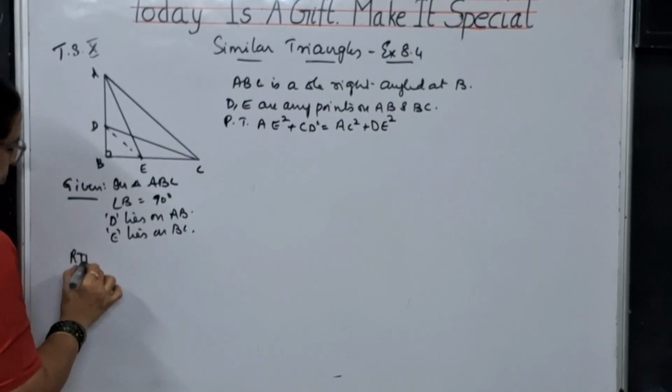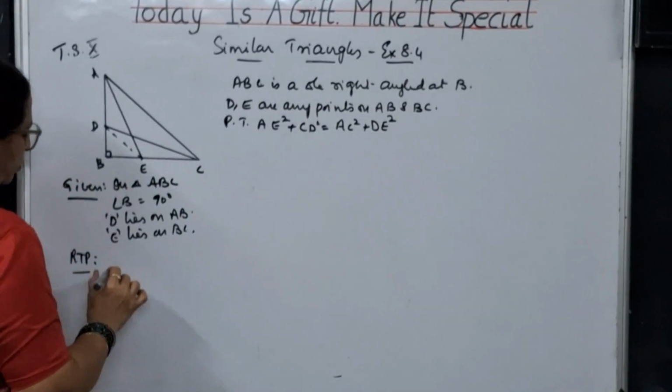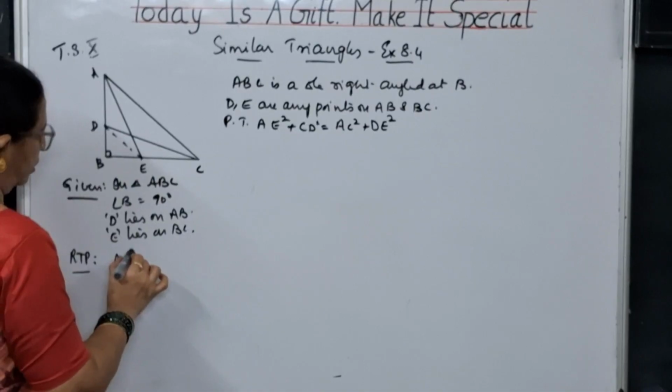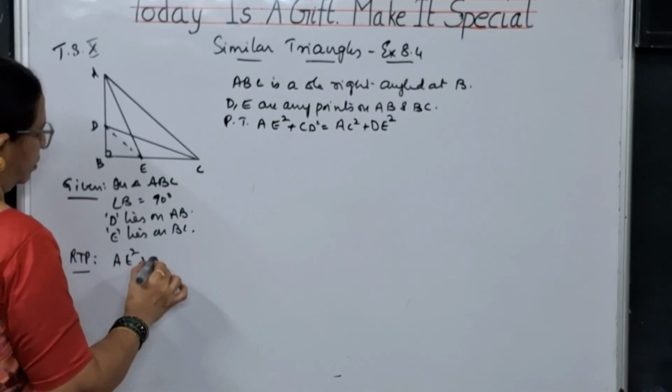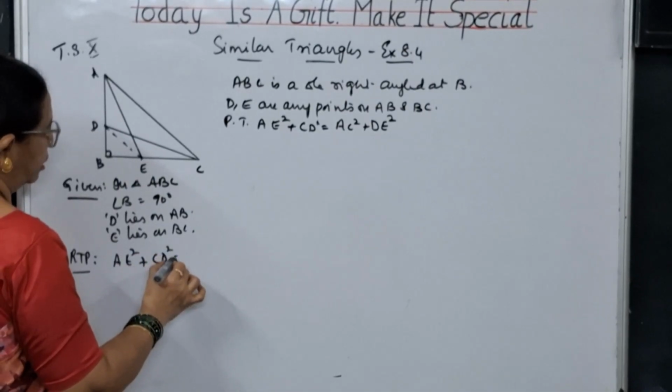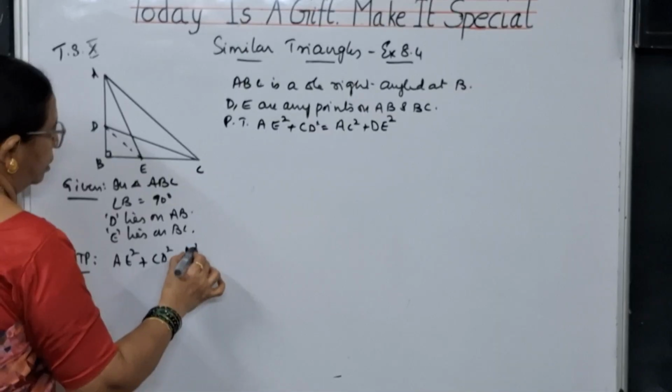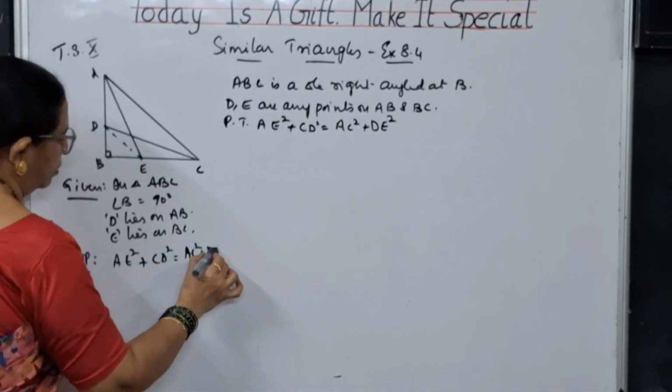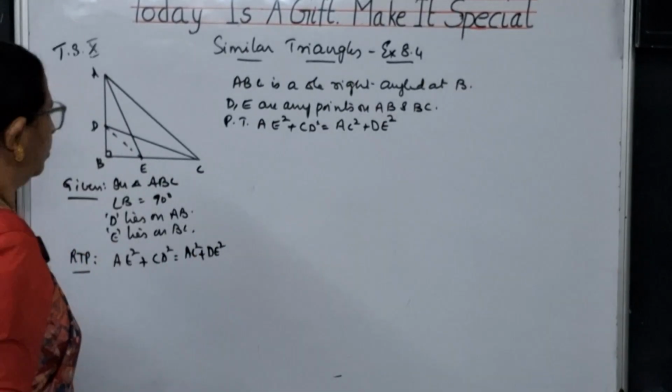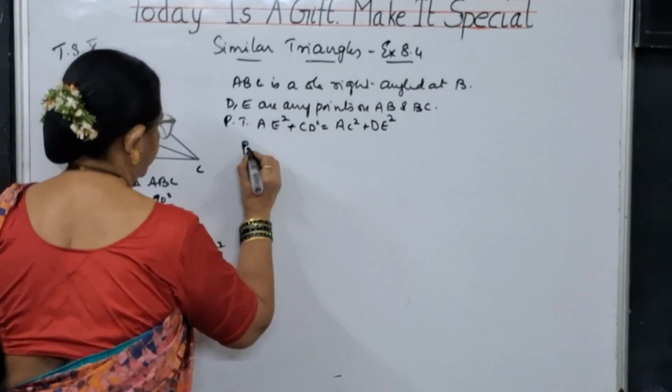What is RTP? You need to prove that AE square plus CD square is equal to AC square plus DE square. Now let us see the proof.